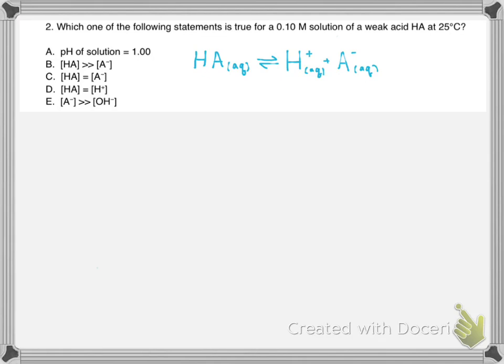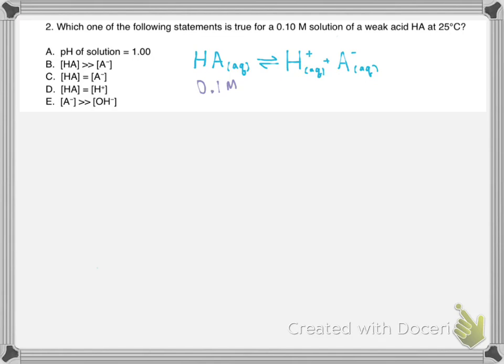Okay, next up we have a 0.1 molar solution of some weak acid. They want us to figure out what's true. Okay, so the first statement says the pH of the solution is going to be equal to 1.